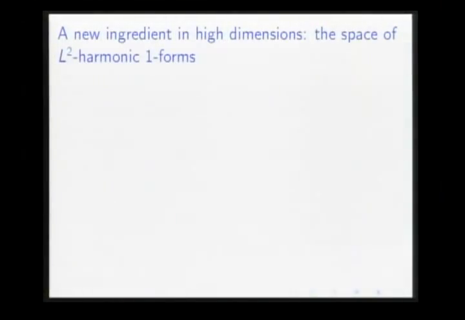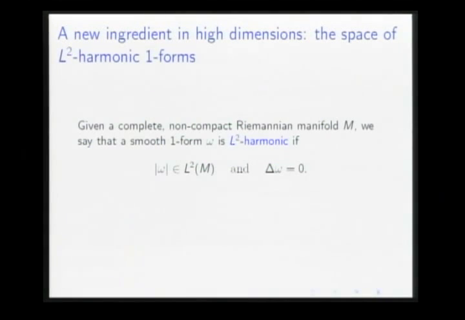Well, in high dimension, we have a new ingredient to study the topology of complete non-compact manifolds, that is the space of L2 harmonic forms. If omega is a smooth one-form on the manifold M, we say that omega is L2 harmonic if its norm lies in the L2 space and it's harmonic as a one-form.